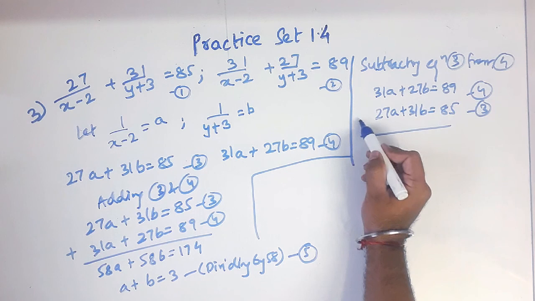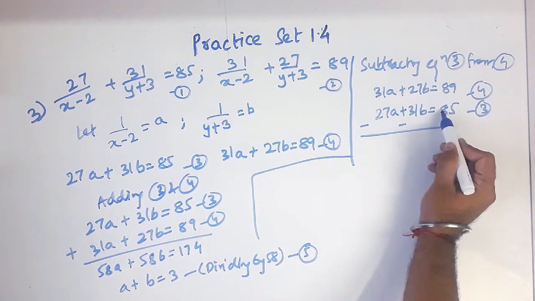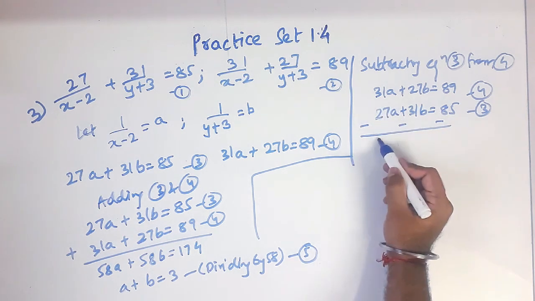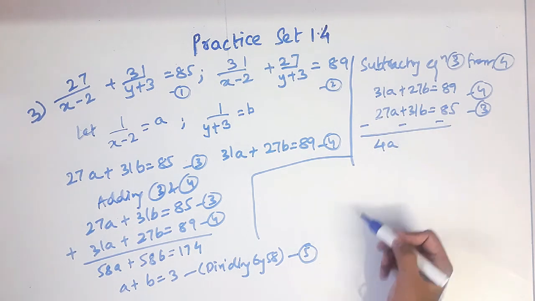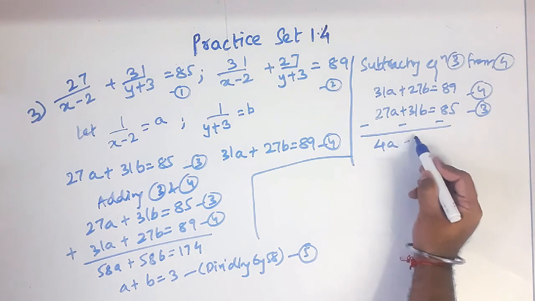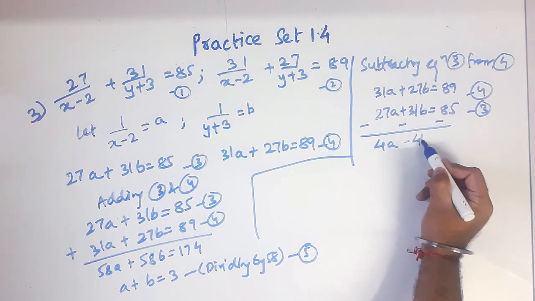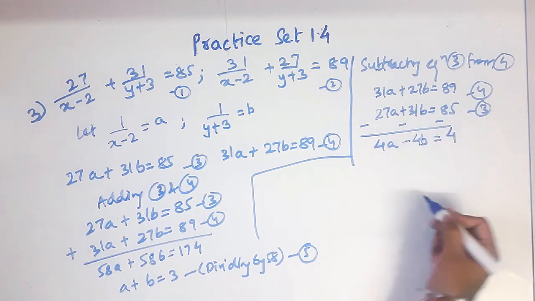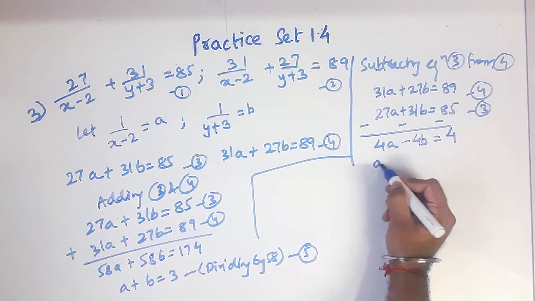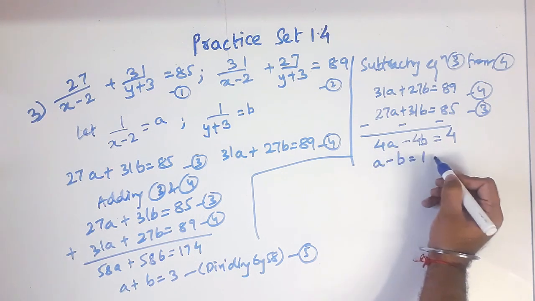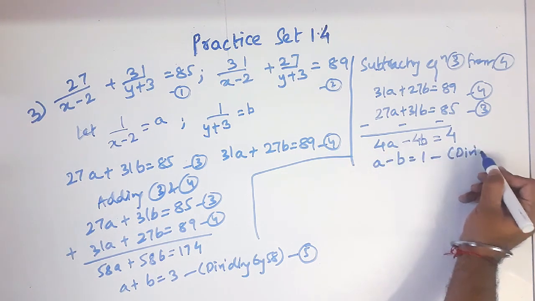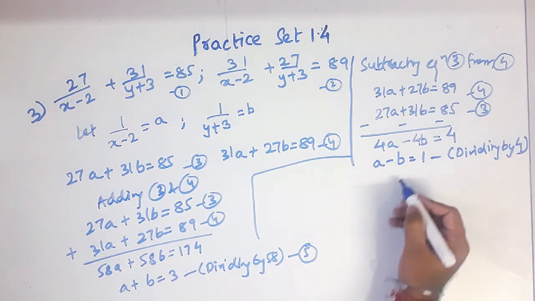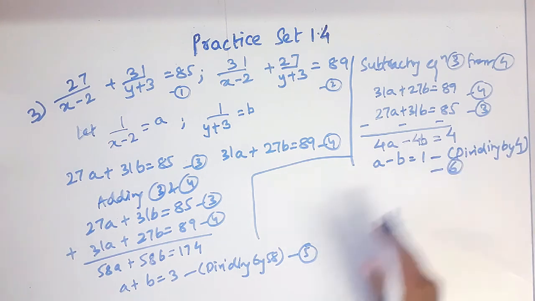Okay, subtraction, sign changes, plus becomes minus, here also plus becomes minus. 31 minus 27 is 4a, 27 minus 31 is minus 4b, equals to 4. So very easy, what to divide with? A minus b equals to 1, dividing by 4. I divided by 4 and gave this equation number 6th.